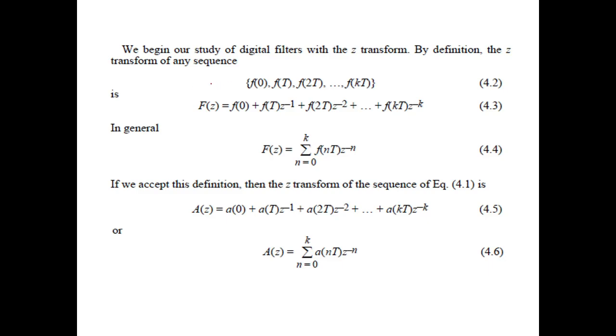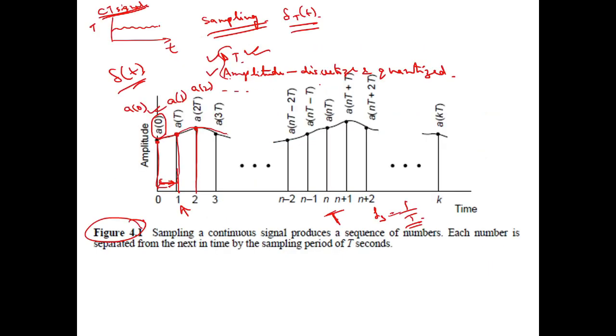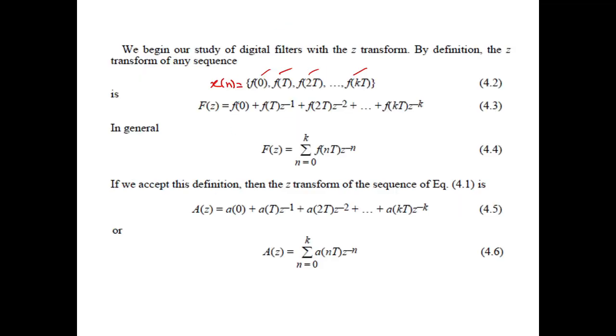Now, suppose we are given a sequence x[n] equal to f(0), f(T), f(2T), f(kT), which we have seen in the previous case. So this is a0, aT, a2T. If we generalize these amplitude values, we get f(0), f(T), f(2T), f(kT), right?